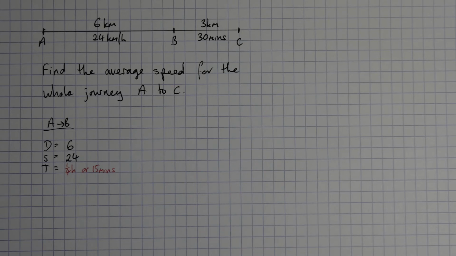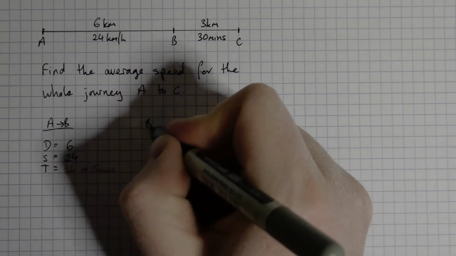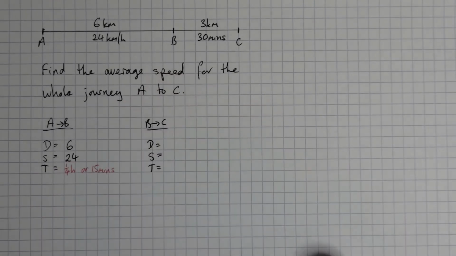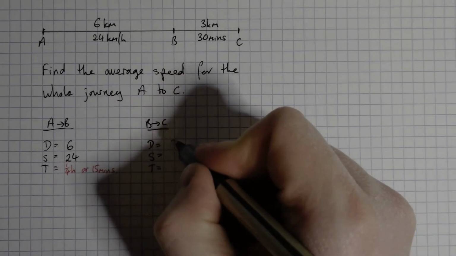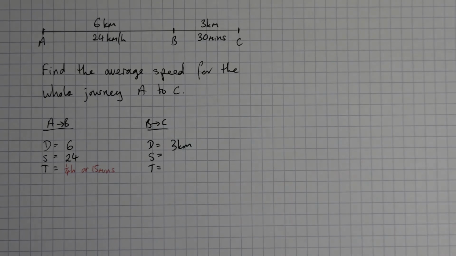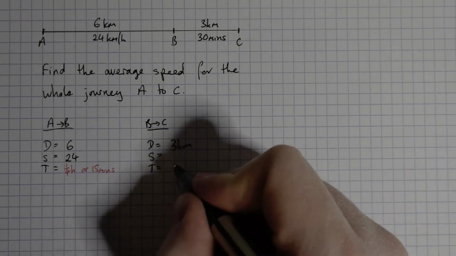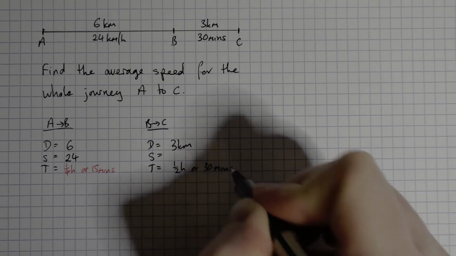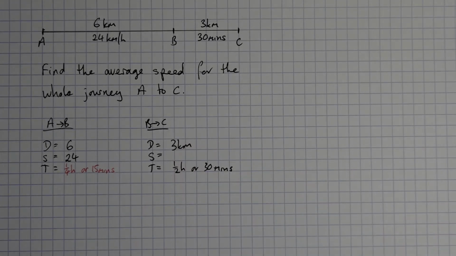For the second part, B to C, well, there's a distance, a speed, and a time involved. Distance we know is 3 kilometres, that's given. Speed's not given, but the time is 30 minutes or half an hour. I'd like to work out the average speed. Well, speed is distance divided by time.